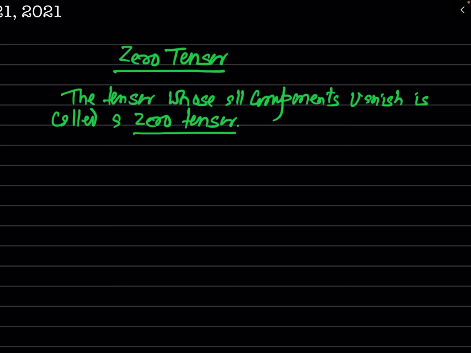And one very important theorem regarding this zero tensor is that if all the components of a tensor are 0 in one coordinate system at a given point, then all these components are also 0 at the same point in every coordinate system. This is a very important theorem, and this theorem is utilized to construct the physical laws.